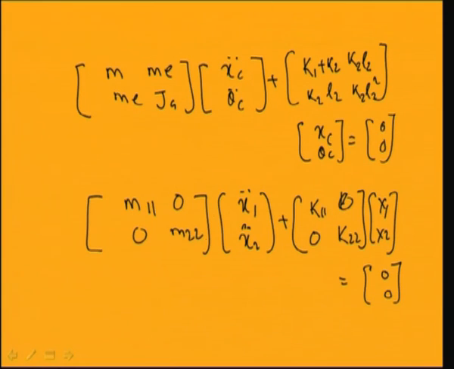So these two equations are dynamically uncoupled and statically uncoupled, so I can write this equation in this form. This becomes M11 x1 double dot plus K11 x1 equal to 0, and the second equation becomes M22 x2 double dot plus K22 x2 equal to 0.